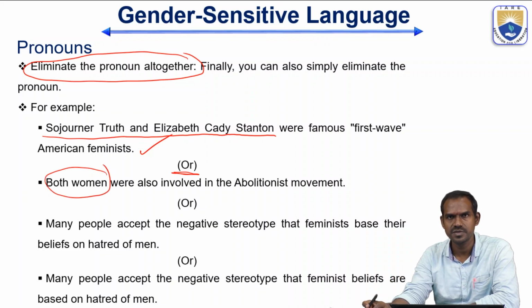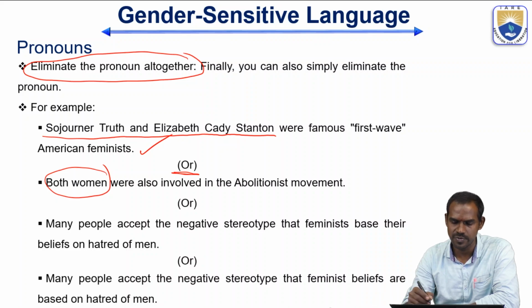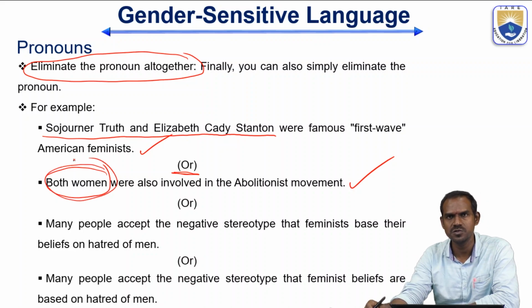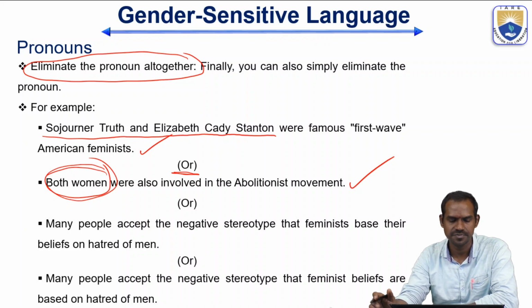Instead of "they," we can use "both women." Both women were also involved in the abolitionist movement. So instead of "they," we can eliminate the pronoun altogether and use "both women." Okay, this is the trick.